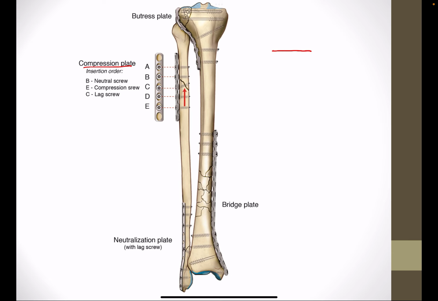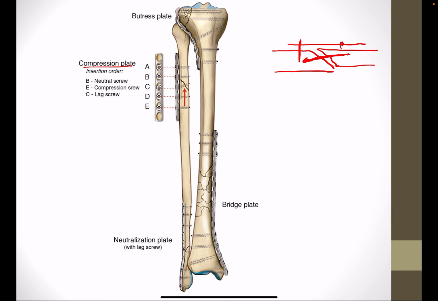So suppose this is the fracture fragment which you have. You put a centric screw here and you put an eccentric screw here to pull this fracture here. This is the science behind the compression plate.